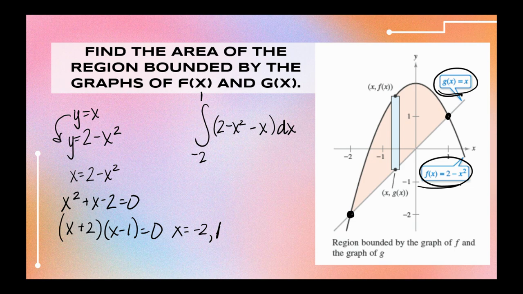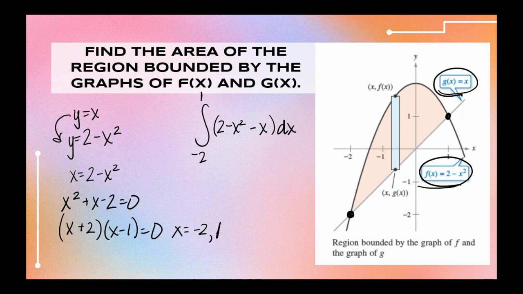Okay, so let me pause for a second. Everybody with me on where the -2 and the 1 came from? Usually when we were solving systems, we were trying to find the points of intersection, right? But all we really care about here is x. So once we find x, we're good. That gives us our interval, the -2 to 1, for our integral.